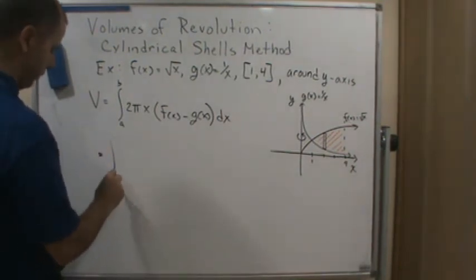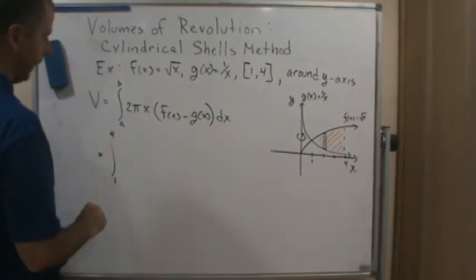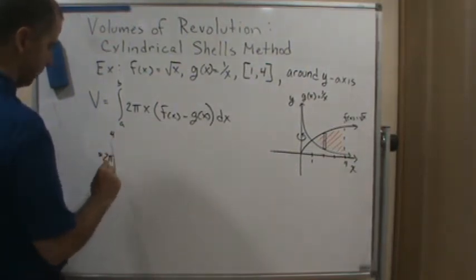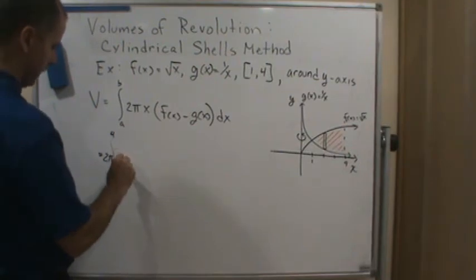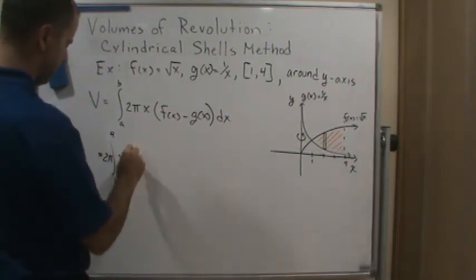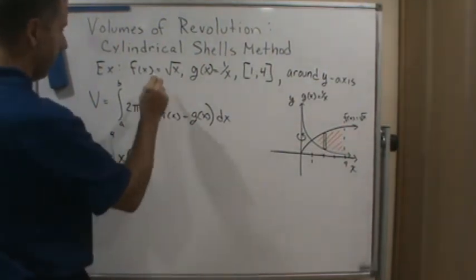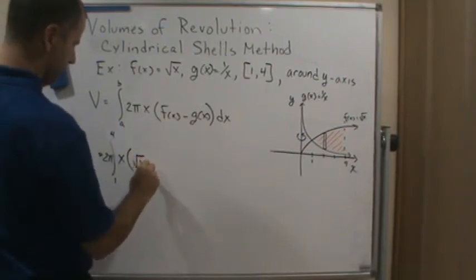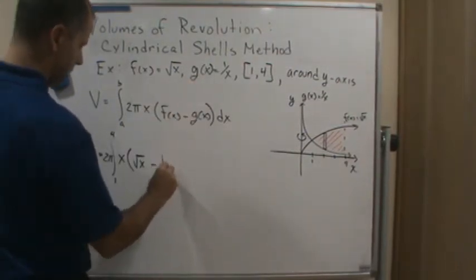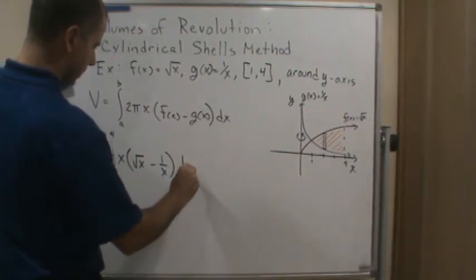So this is going to be from 1 to 4. I'm going to pull the 2 pi out. So this is going to be x times f of x minus g of x dx.